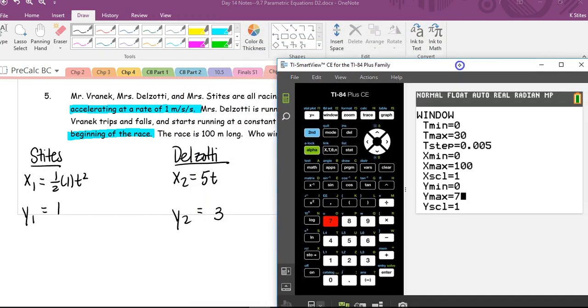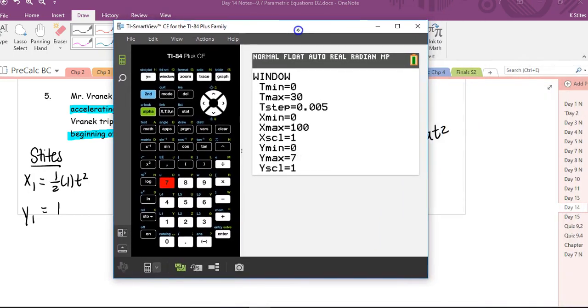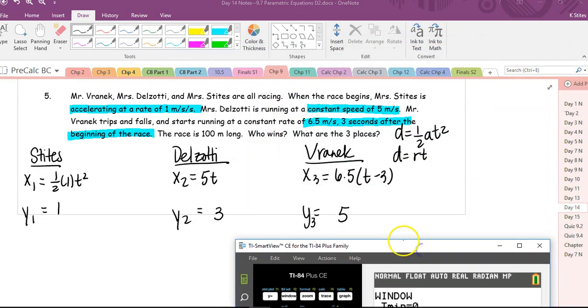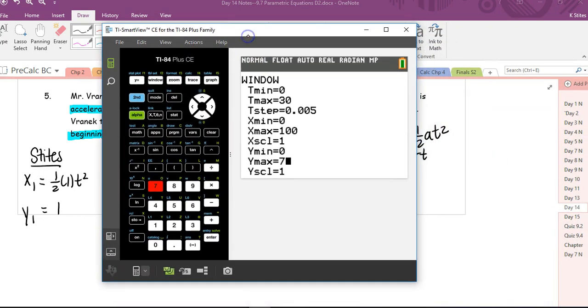Okay. All right. Again, y-max 7 because that's a 5, so I'm going bigger than that. Okay, so reminder, Stites is at 1, Delzati is at 3, Vranick is higher up at 5.